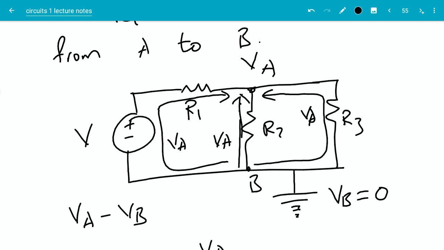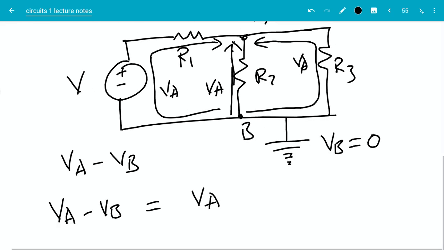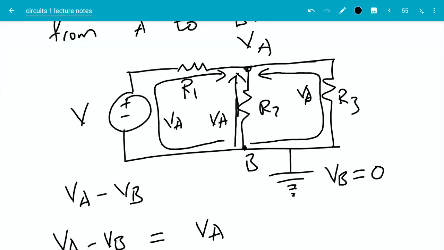That means no matter what path you use to move a unit charge, the amount of work you need to do will be the same. That is why, because the amount of work is independent of the path, you can just talk about potentials at different points or potential difference between 2 points without referring to the specific path.